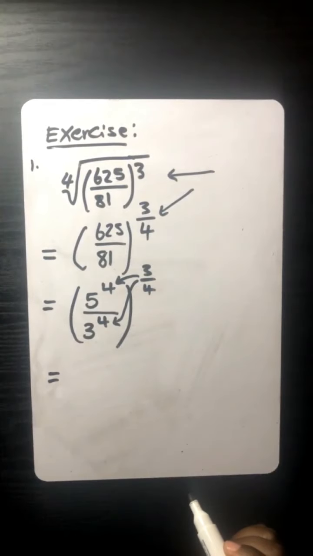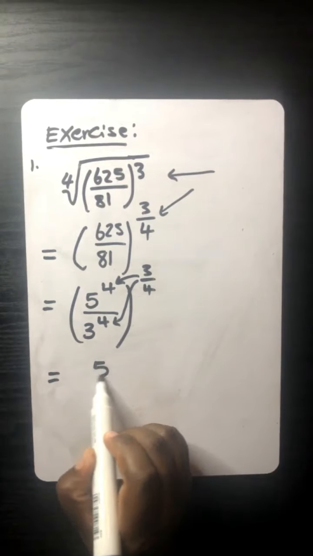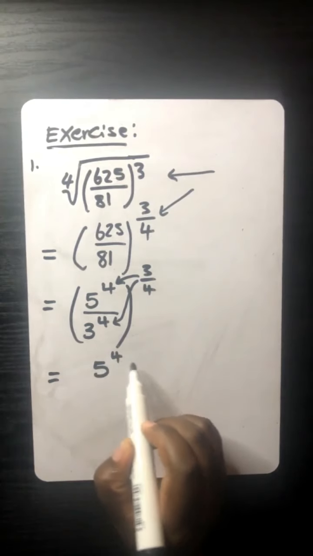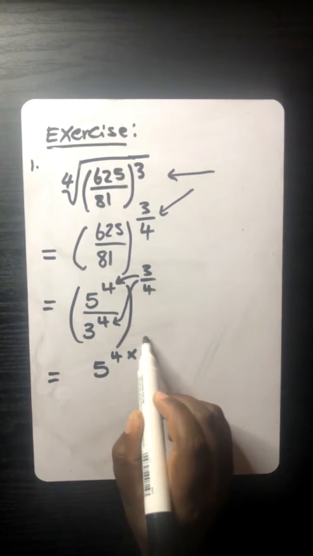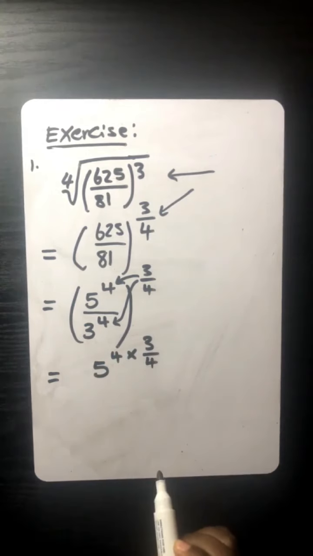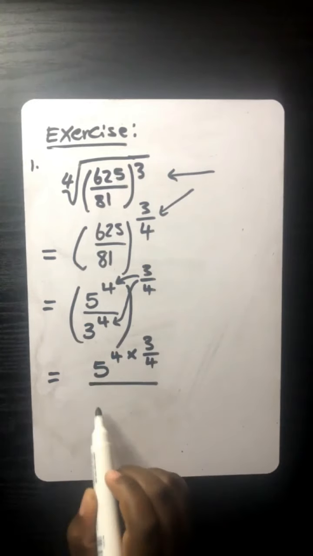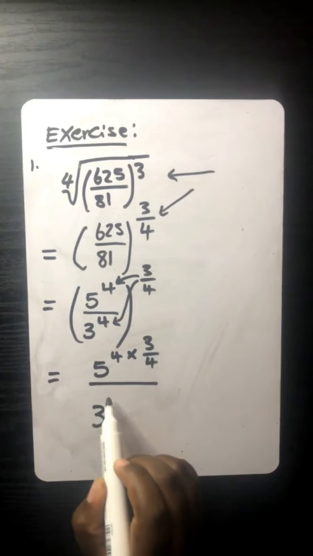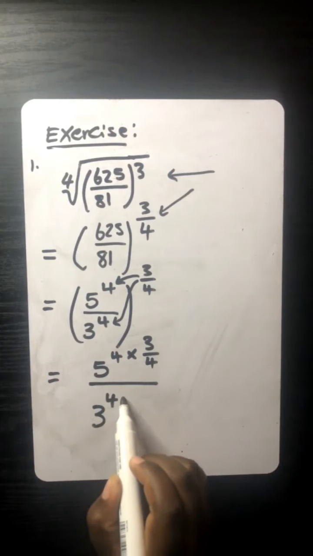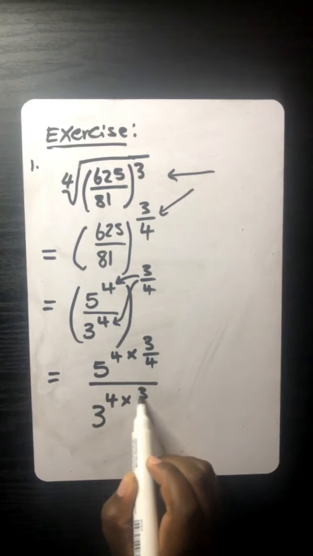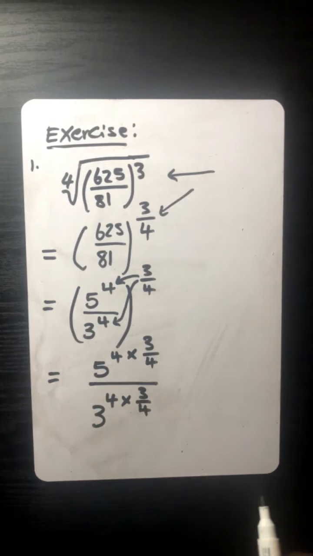For those who attended that lesson, they remember very well that this is now the same as 5 to the exponent 4 multiplied by 3 over 4, divided by 3 to the exponent 4 multiplied by 3 over 4.